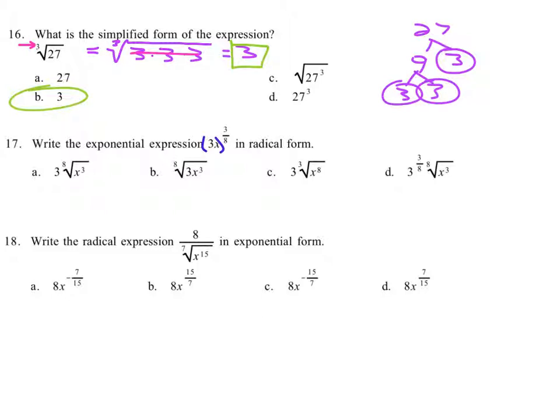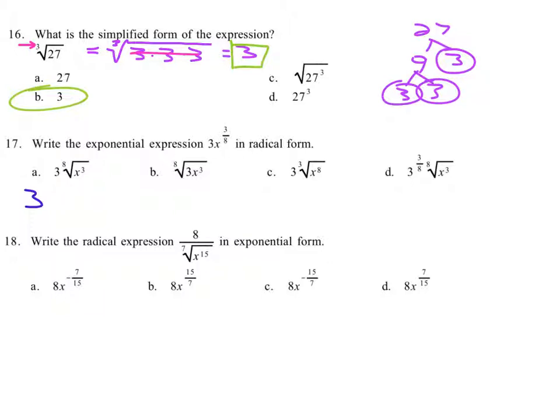It only would be if there's parentheses saying we're going to make this whole thing the base. But that's not what's happening. It's just written like that. So that means the 3 does not get affected by that exponent, and that 3 will be written out front. Now, we're just dealing with the x to the 3/8.